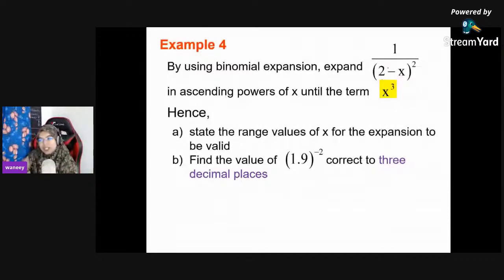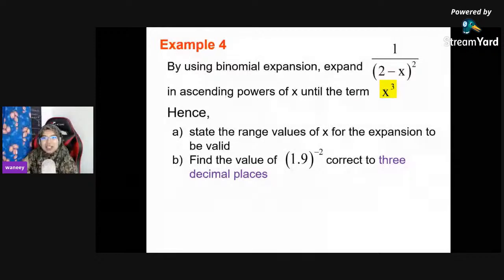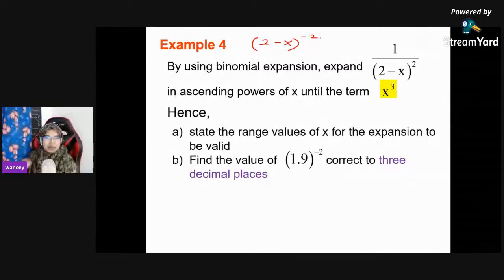Okay, so the first thing that you should take note of is that this one, 1 over 2 minus x to the power of 2, we should bring them up first. So change this to 2 minus x to the power of -2. And then we can expand them.